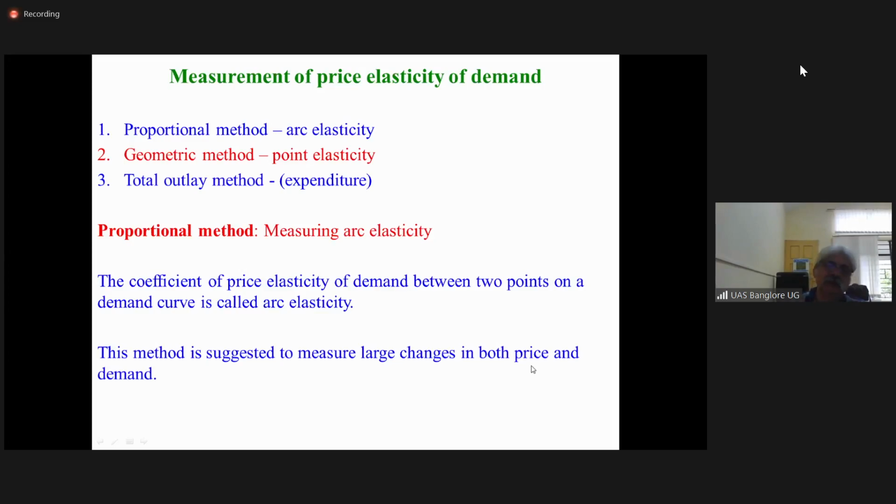If you want to measure the elasticity when there is a small change, from 100 rupees it increased to 101 rupees, 102 rupees, a small change, then you go for the geometric method or the point elasticity. But if the change is larger, from 100 rupees to 120 rupees, there is a 20% change or 10% change, then you go for arc elasticity or the proportional method.